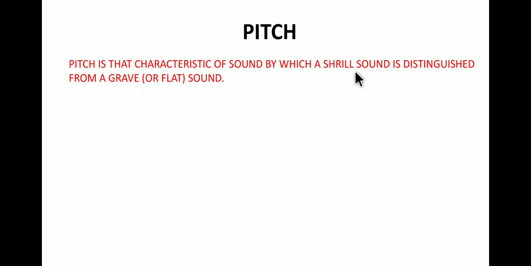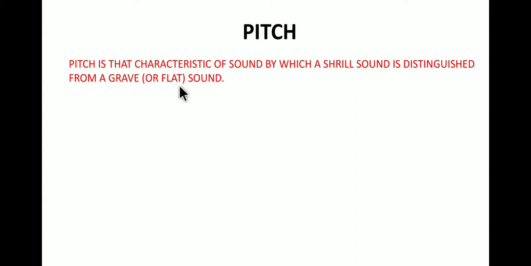Here, shrill sound means something with very high pitch, like screaming. When you scream, the sound produced is a shrilling sound, and a grave or flat sound is like the sound which you have in bass.